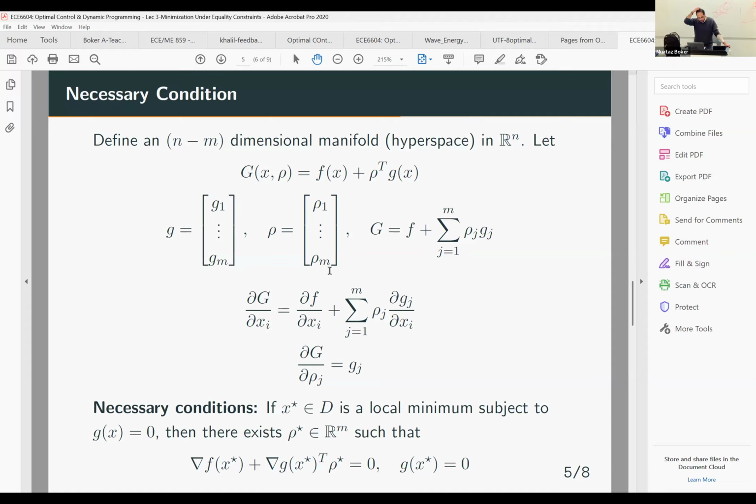Okay, so then we'll end up with n plus 1 equations, but basically in general two conditions, right? This condition, you differentiate this with respect to x, right? X being a vector, so you do it for each xi.